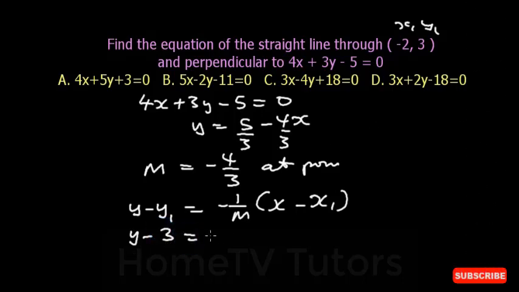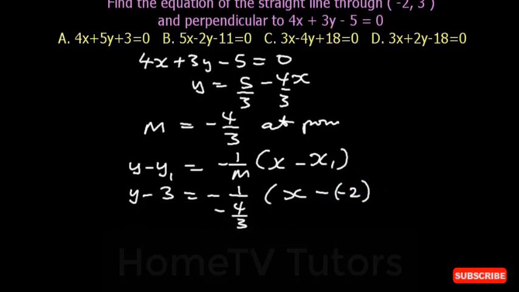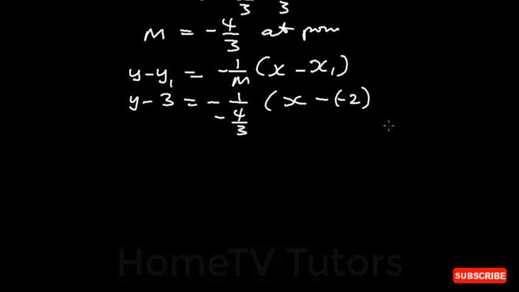So we substitute the value for y1, which is 3, so y minus 3. We substitute minus 4 over 3 for m. So we have minus 4 over 3, then in bracket x minus minus 2 for x1. So we move it up.